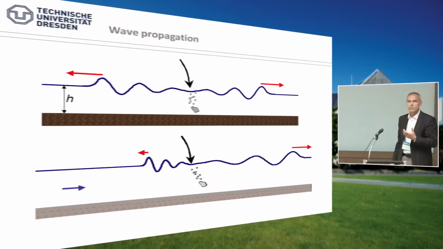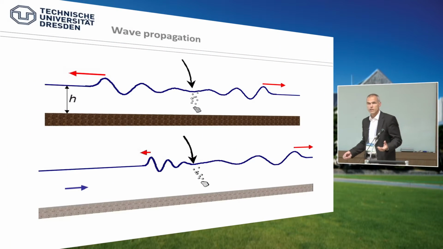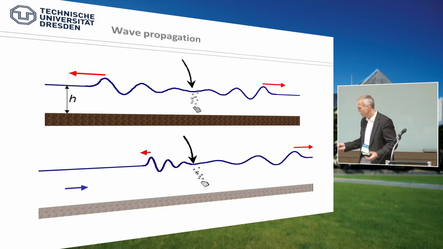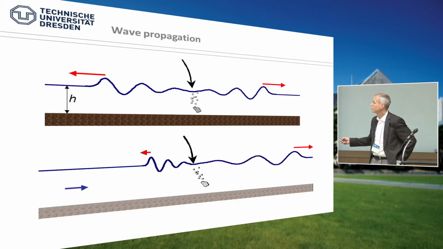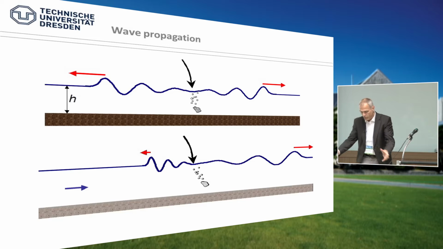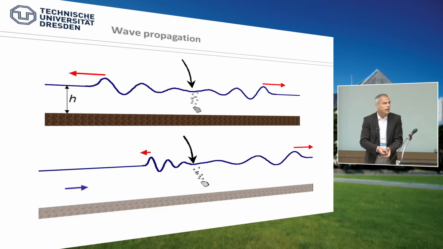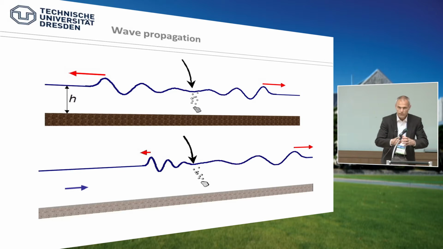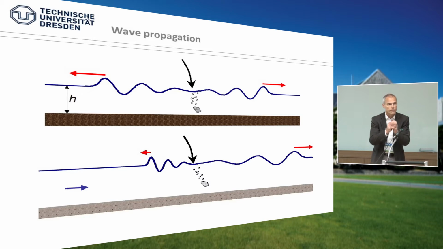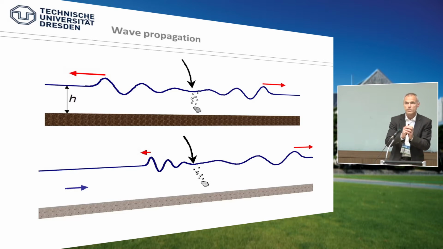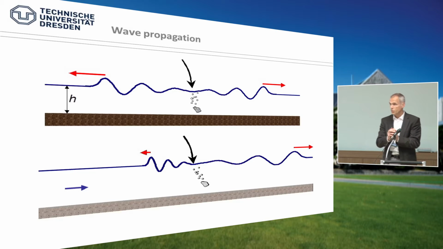First, this is according to all our experiences. When we throw a stone into a lake, what we observe is a wave pattern developing at the surface, concentric waves that move away from the place where the stone hit the water surface.